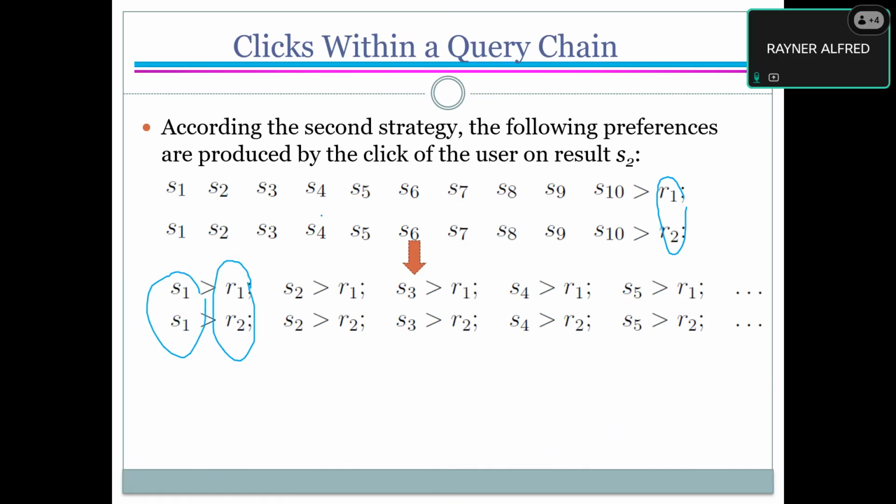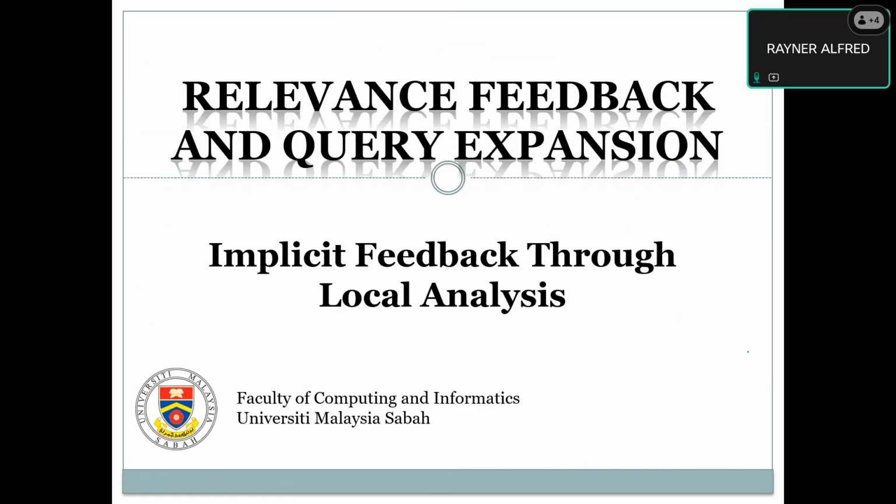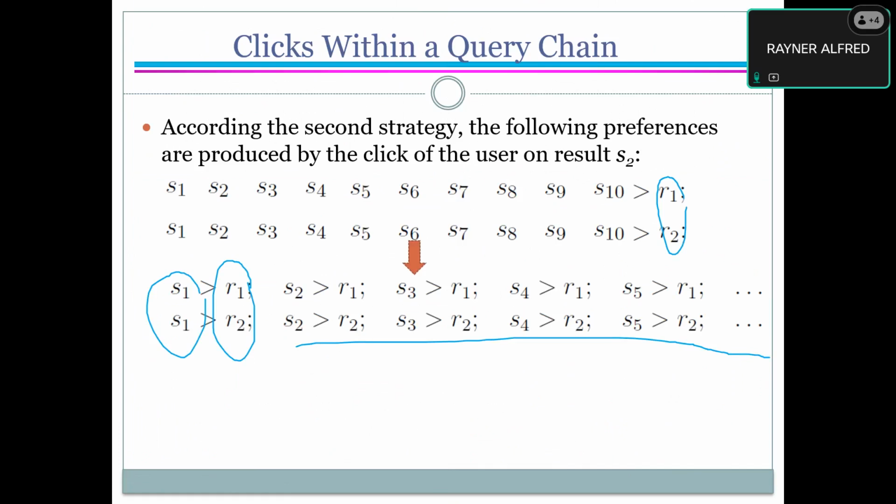So it will be repeated, or we assume the same for all the documents in the second list. Okay, so that is the assumption that we can make. So this can help us in trying to do the ranking.